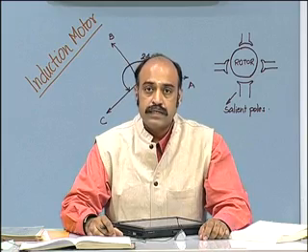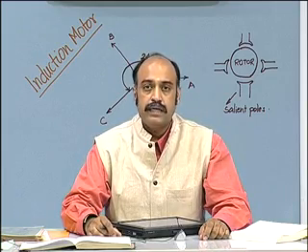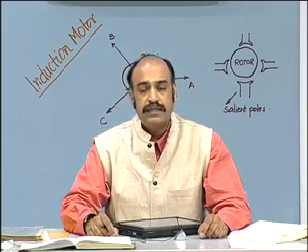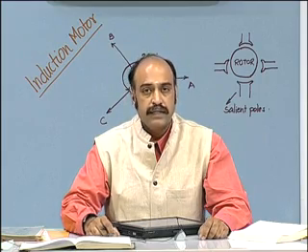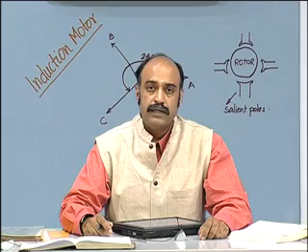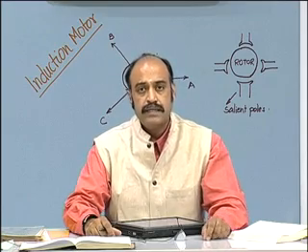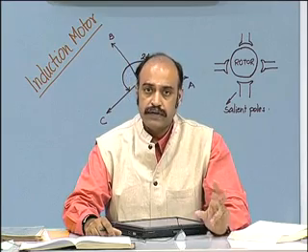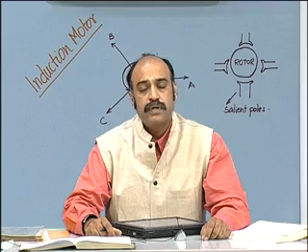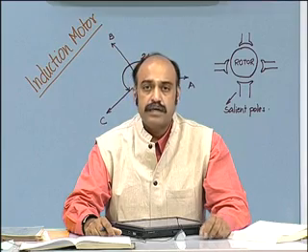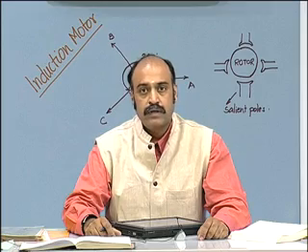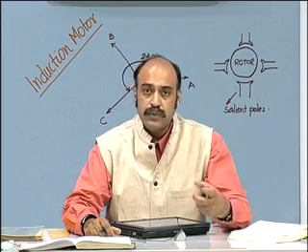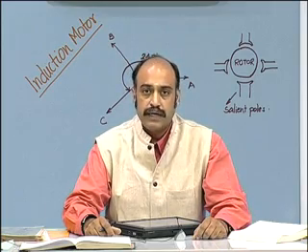This causes the resultant flux or the MMF to rotate in the air gap, or rotate in space, and this rotation causes a relative difference in speed between the rotating flux and the rotor conductors. This induces a voltage in the rotor conductors.